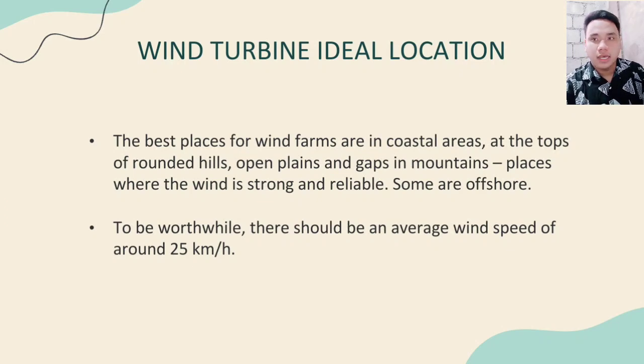Karamihan daw po ng wind farm ay located sa coastal areas, open plains, and mountain. At para naman po maging sapat ang ihip ng hangin, dapat ay nag-average po ang hangin ng 25 km per hour.